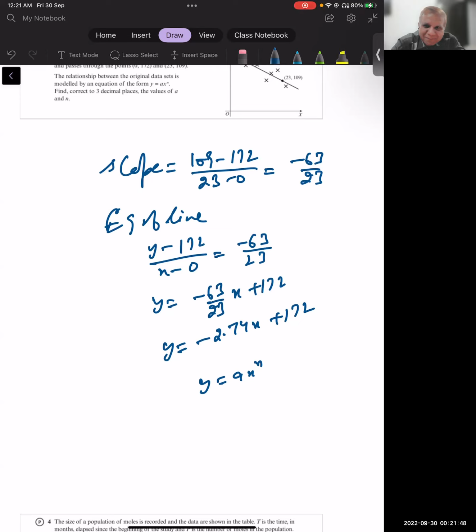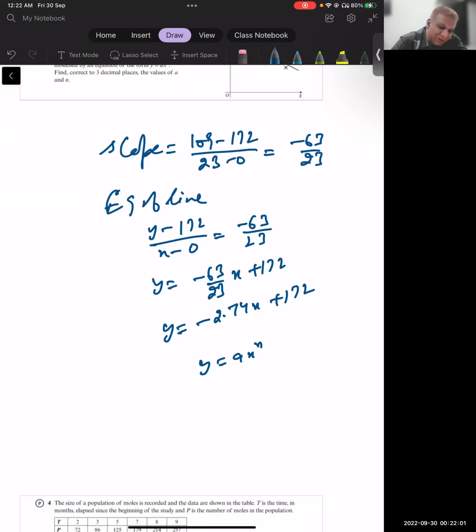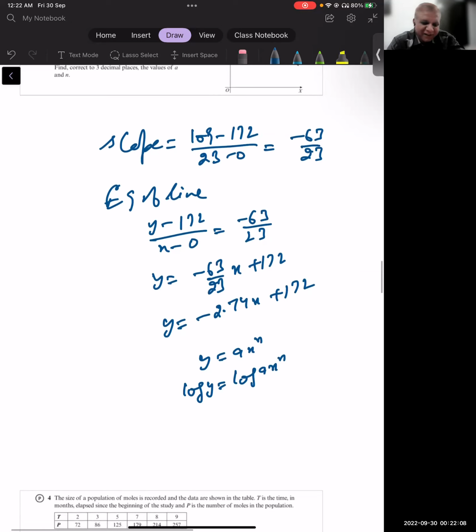Oh, log minus 2.74. No, just have a look. This is the equation given to you. For the first time, you are giving a wrong answer. Log ax to the power n, right?